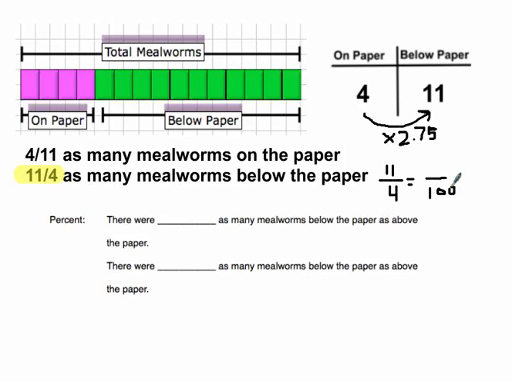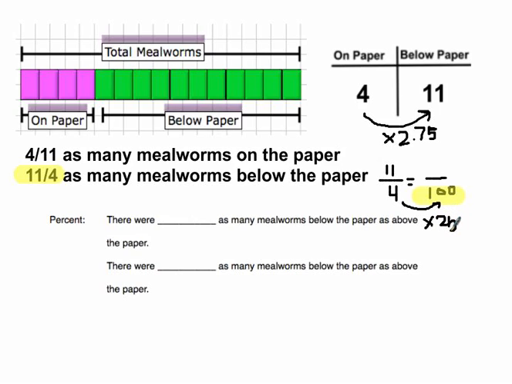And once we get the denominator to 100, we no longer need to express it because that's what percent means, per 100. So to get 4 to 100, we're multiplying by, you can do this in your head, times 25. Works out nicely in this case.